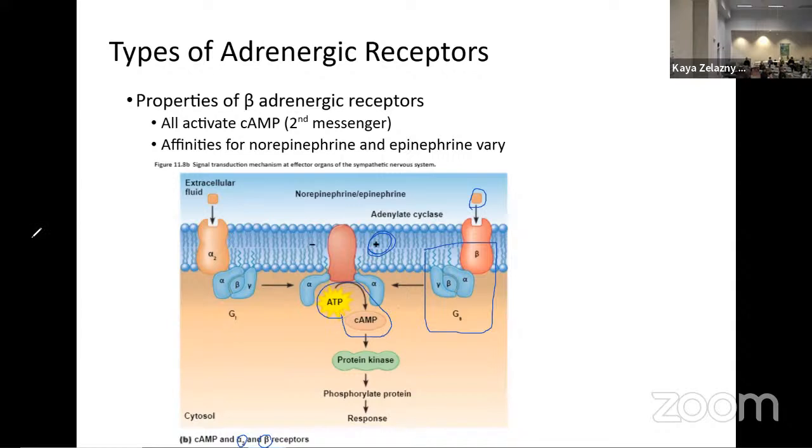Okay. I'm pointing that out because the alpha 2 receptor is on the other side. Okay. So it's behaving the same, but the difference is that it has an inhibitory effect on the cyclic AMP production. So it would be like turning this off. And so even though it interacts with the cyclic AMP, it's doing the opposite action, which is how we can tell it's an alpha adrenergic receptor.